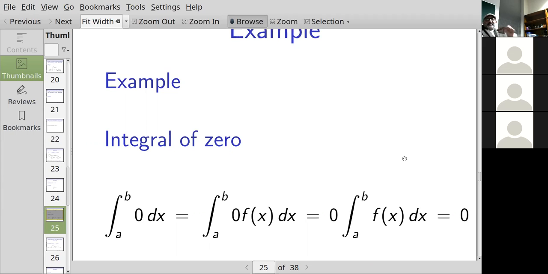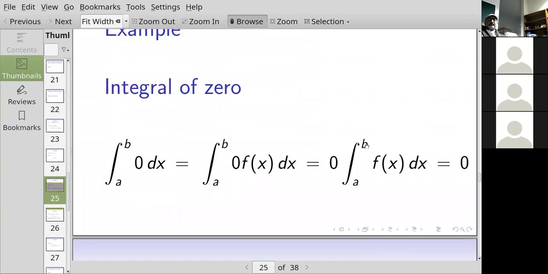Wherever the points zeta i are where you evaluate the height of the rectangle, that height is 0. So the Riemann sum gives you 0, whatever number of rectangles you take, and then in the limit as n goes to infinity of 0, you get 0. So if a function is 0 from a to b, then its integral from a to b is 0.